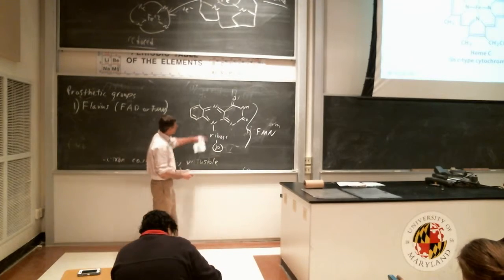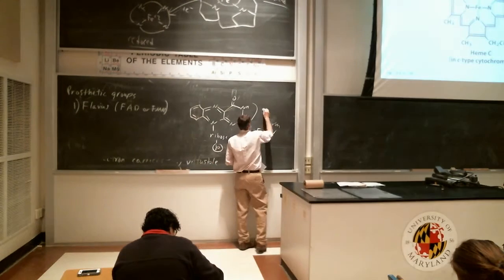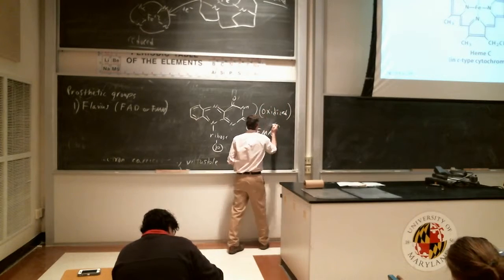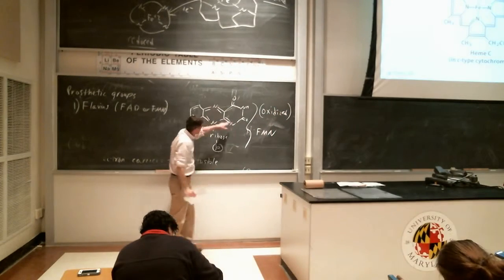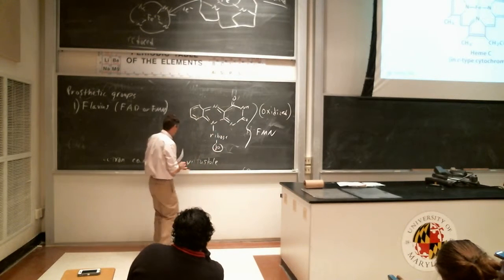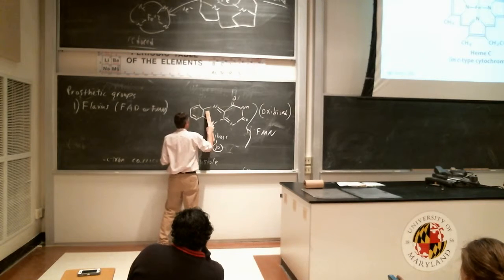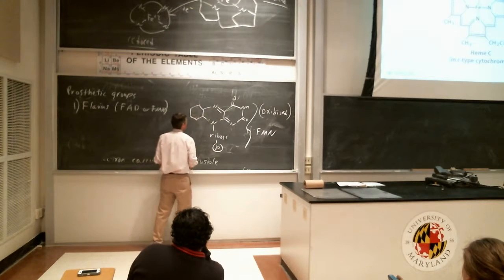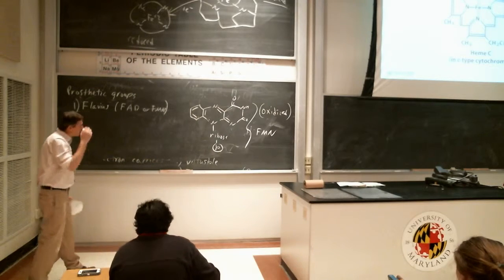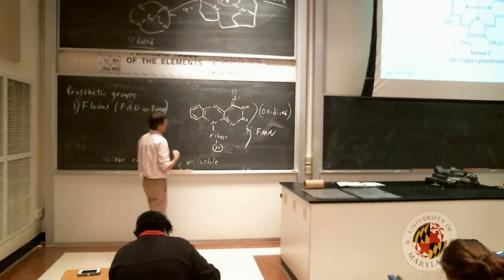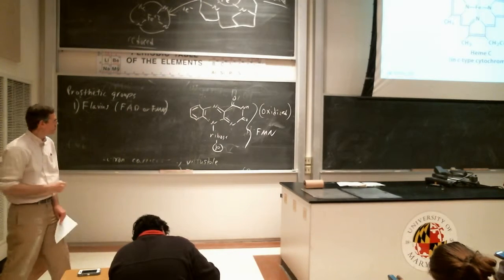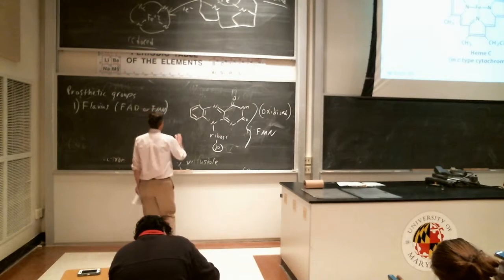So this would be the oxidized form. And it's these two nitrogens that are the key. And I guess I didn't draw my double bonds correctly. Oh, that's way too many bonds. So there it is. So remember that you can add 2 electrons and 2 protons, going back to pyruvate dehydrogenase.